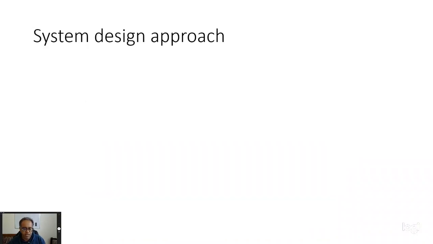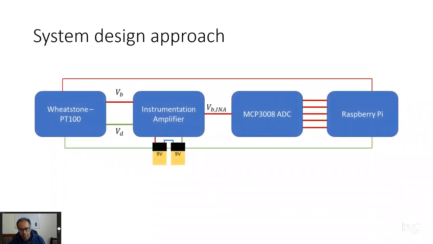The basic idea is, we have done two labs where we have focused on the individual parts. In the first lab we focused on how to build the Wheatstone bridge, what are its nuances. Similarly, we have done it for the instrumentation amplifier. The final block is the ADC which connects to the Raspberry Pi, but it is going to be useful not to think of each item discretely but as a system as a whole, and that is the system design approach we'll be talking about.